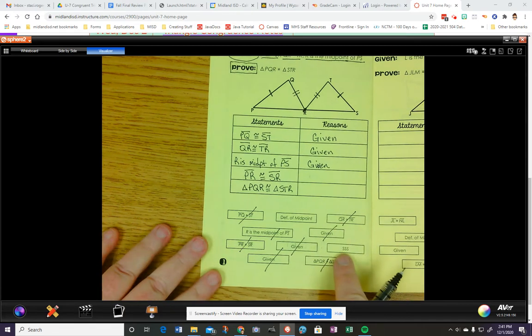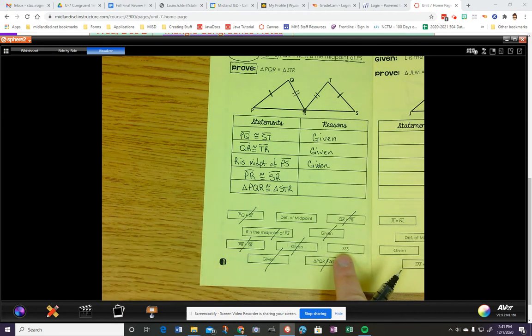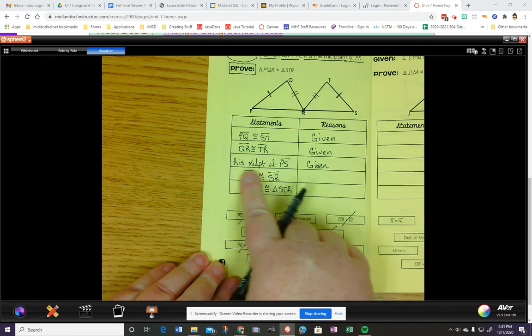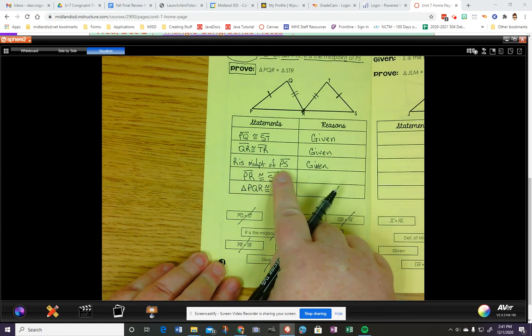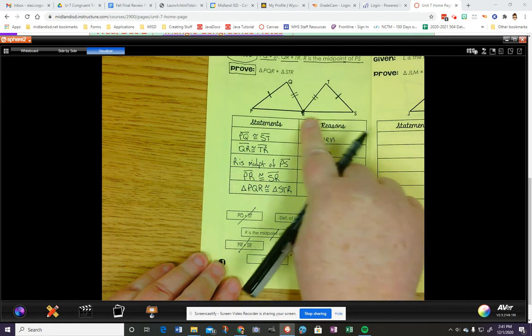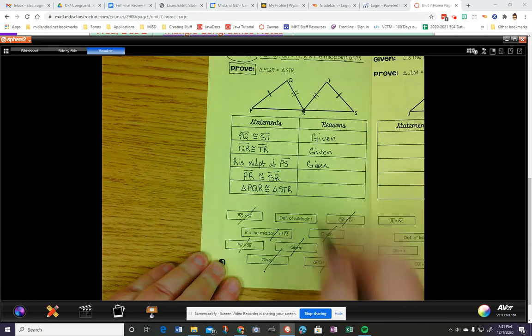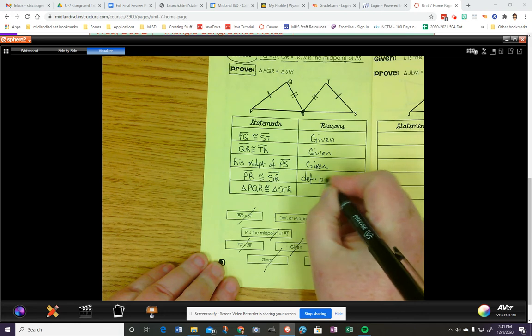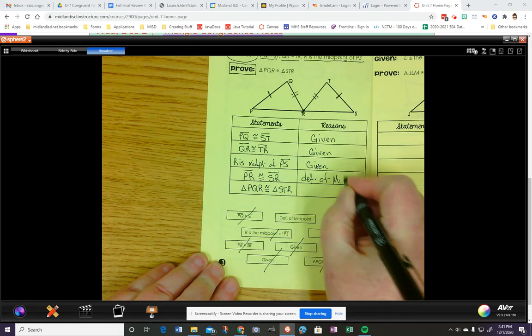Is it by side? No, that deals with triangles. What about definition of midpoint? Yes, because we were told that R is the midpoint of PS, so that means PR has to equal RS. That is our definition of midpoint.